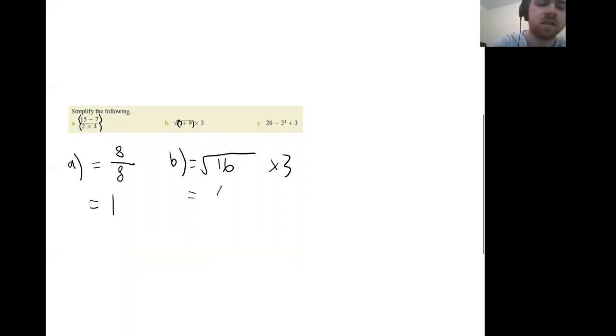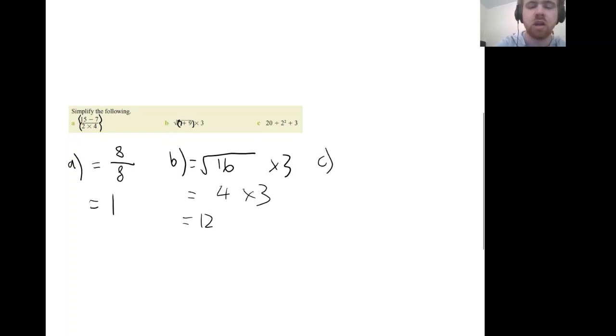So the square root of 16 is 4, and then we keep that times 3 there. And then we can simplify that. 4 times 3 becomes 12, and that is our final answer. So again, simplify what's under the square root sign, because there's hidden brackets. Then do the square root, then do the multiplication.